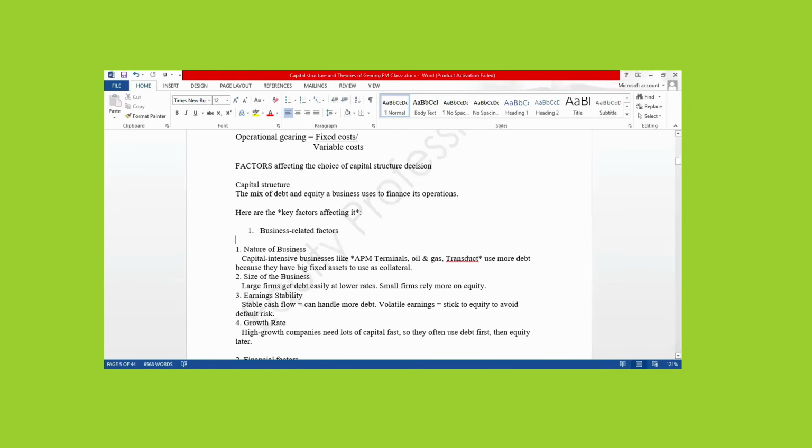Whether we like it or not, we buy data, we buy airtime on a daily basis. Such businesses have stable income. They generate income on a second basis. Such a company can afford to borrow more money in their capital structure.